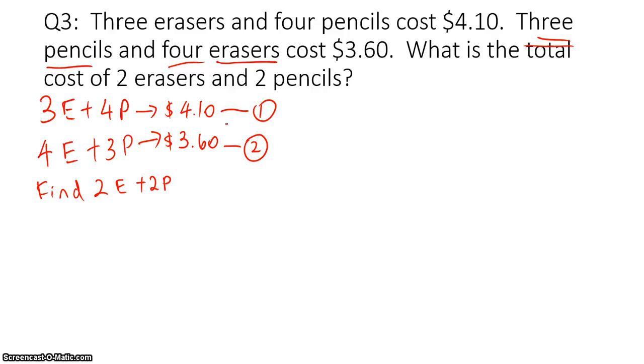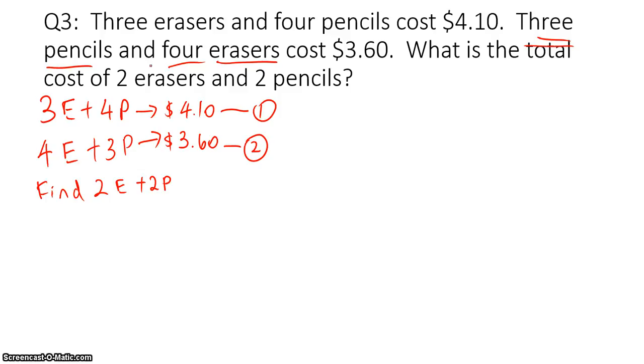But if you notice, previously we multiplied one of the sets by 1 to get rid of one variable. But if I multiply equation 1 by 2, I get 6 and 8, and that's not enough to minus this. So I need to find a common multiple. So in this sense, I need to multiply the two sets of equations.